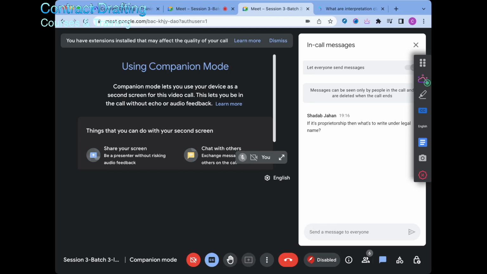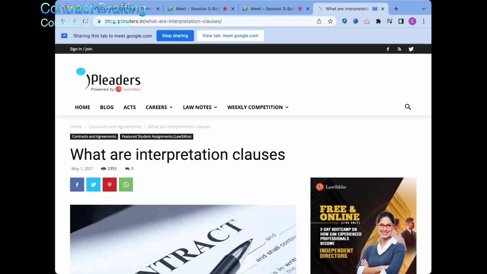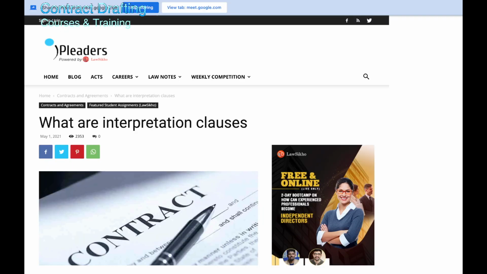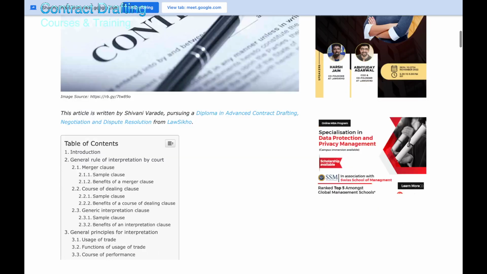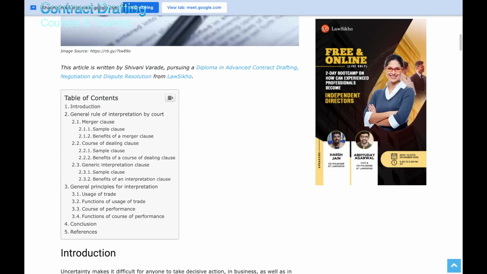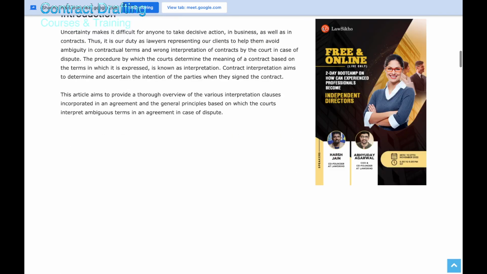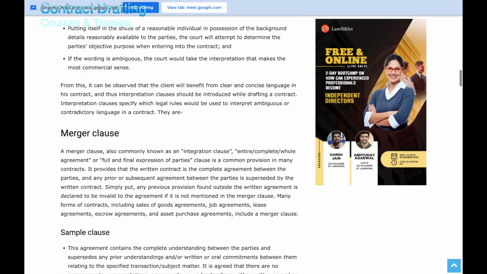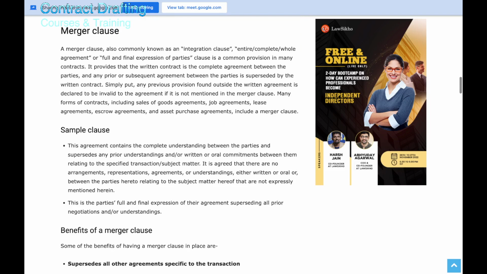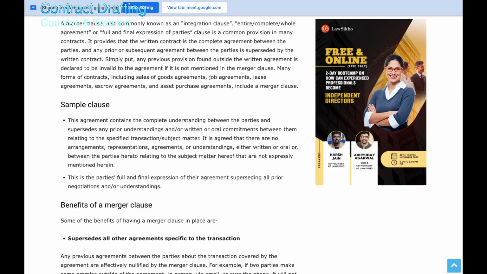Whenever you get time, read this particular article. Is it visible? Yes, sir. Now, the interpretation clause is usually used when there is any lengthy contract that we are entering into.